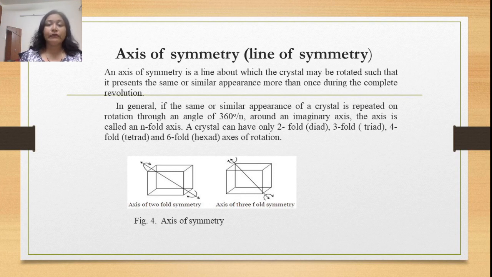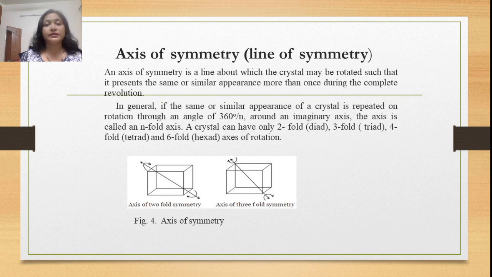That is, if we rotate the crystal through this particular axis of symmetry, we will see the same face more than one time. So if we get the same appearance 360 by n times, then the axis is called n-fold symmetry.